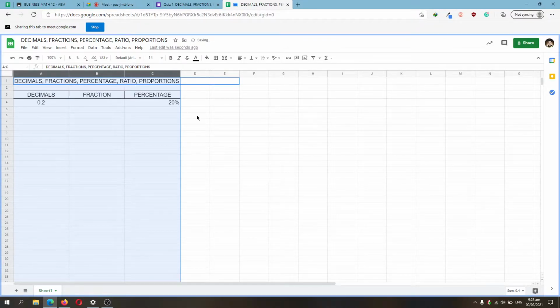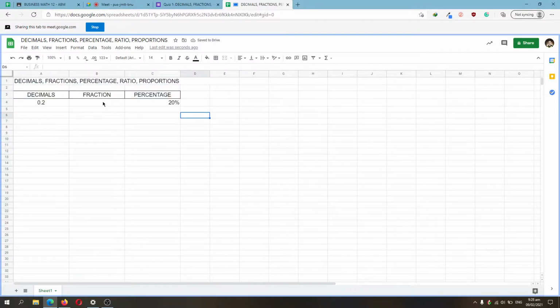Ayan. So, decimal, fraction, percentage. So, paano natin gagawing fraction ito? So, since ang decimal natin is 2 at ang kanyang place value is tenths kasi after decimal point, tenths agad yon. So, 2/10.